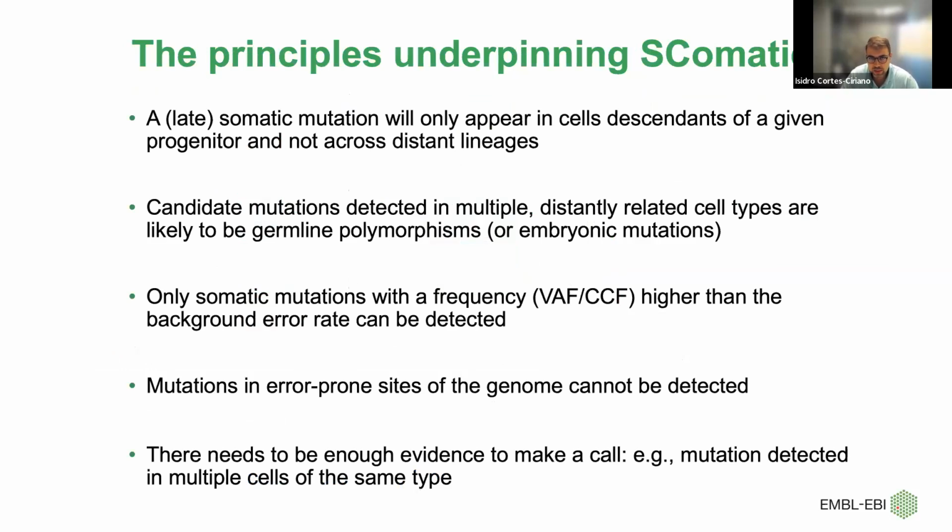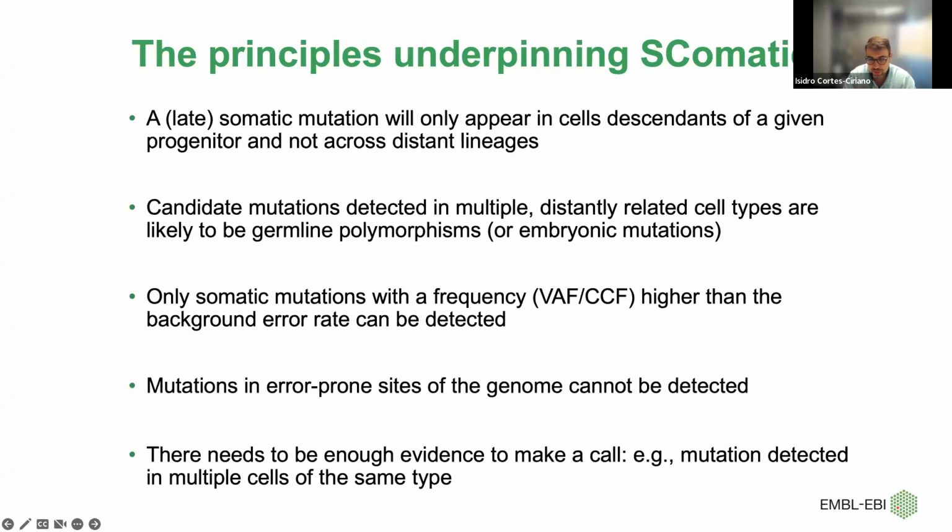The tenets underpinning SComatic. We consider that a late somatic mutation, and by late, we mean after organismal development, should only be detected, if it's a true mutation, in cells that are descendants of the same progenitor and not across distant lineages.